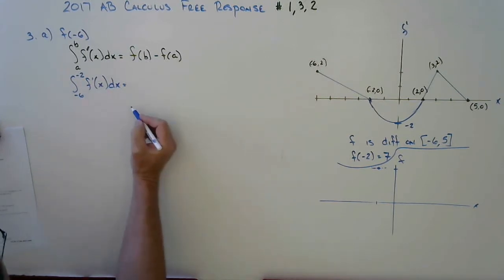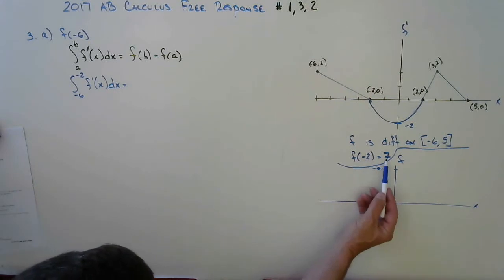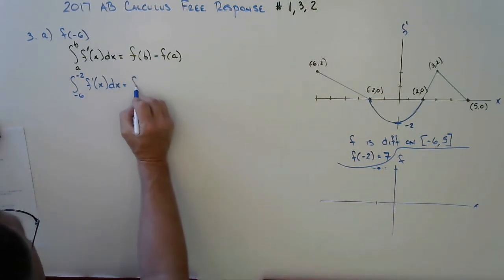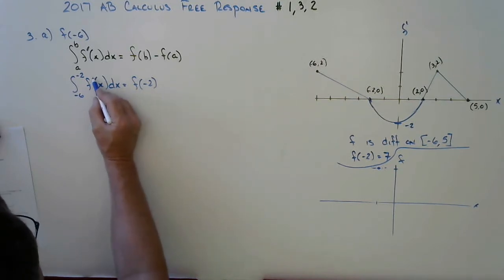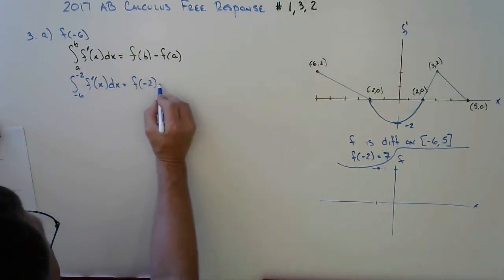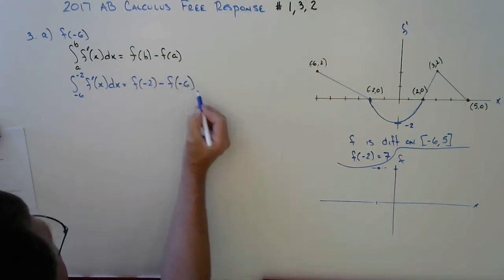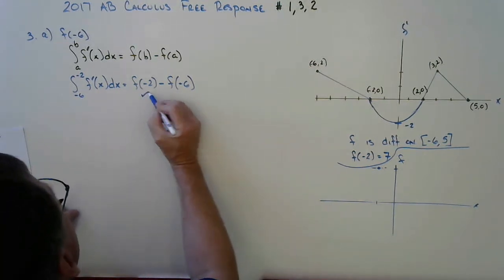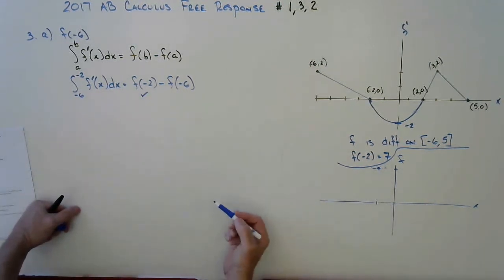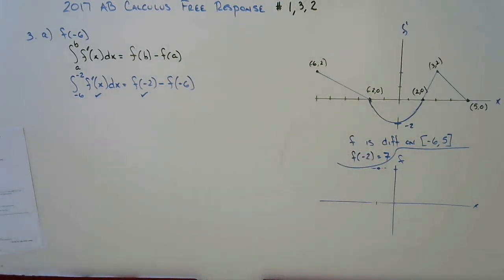Now, why did I pick those numbers? Well, I picked -6 because they asked for that one. I picked -2 because they told me that one. What's this going to equal? By the fundamental theorem of calculus, the derivative goes away when we integrate: f of -2 minus f of -6. We know f of -2 is 7. We know the integral is the area under the curve.